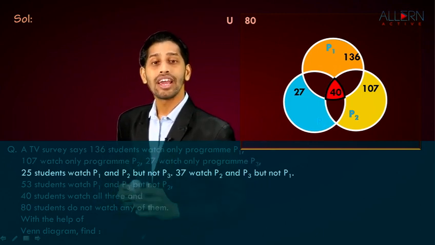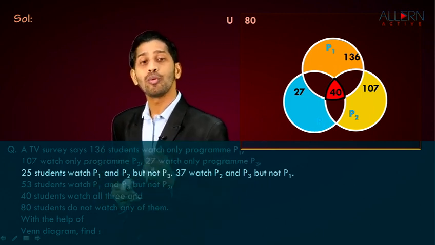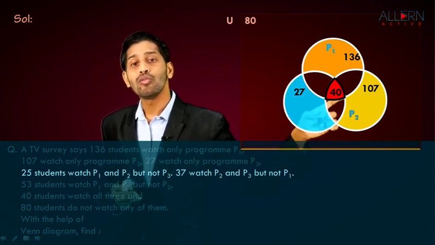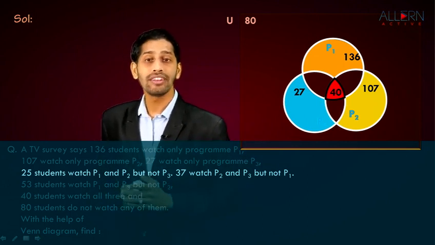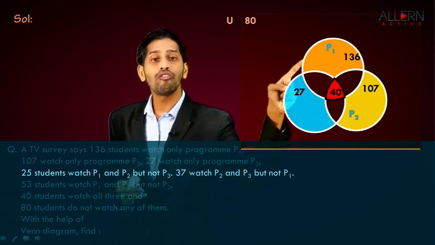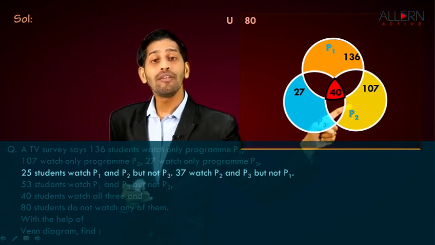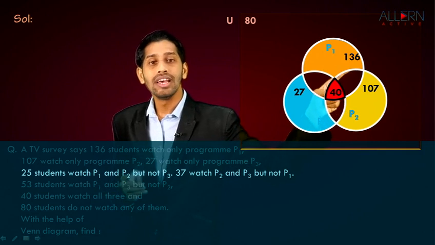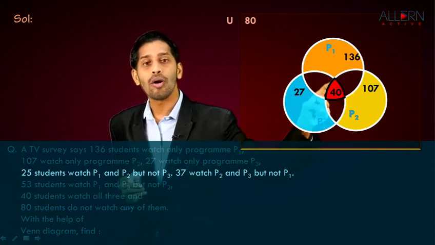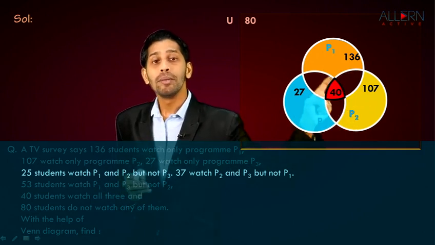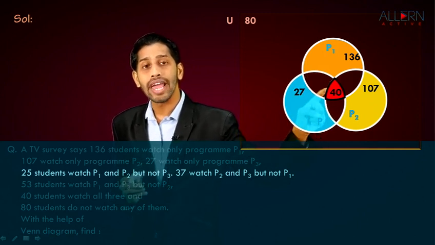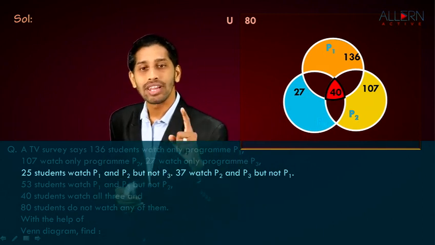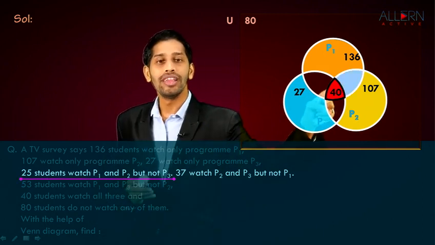Further it says that 25 students watch program P1 and P2 but do not watch program P3. That means we take the common part of P1 and P2, but from this common part we exclude the 40 because it belongs to program P3, and we write the number 25 over here.